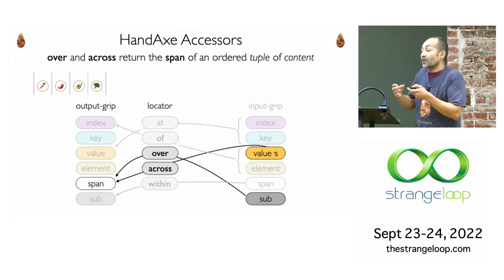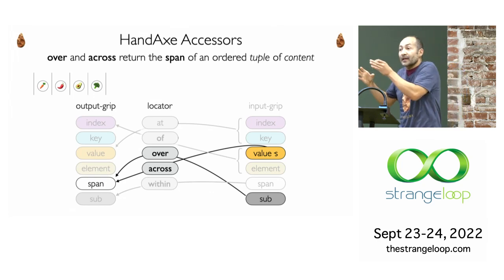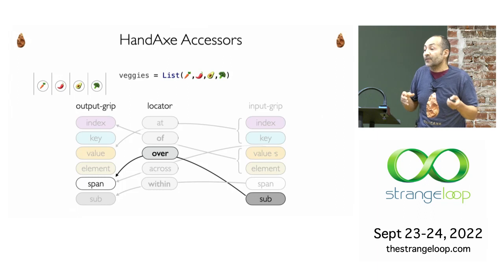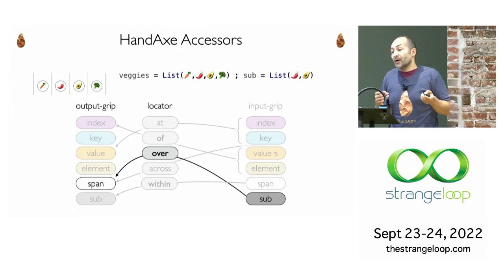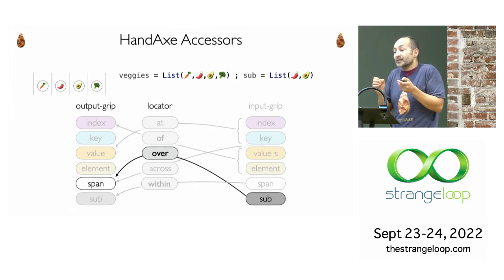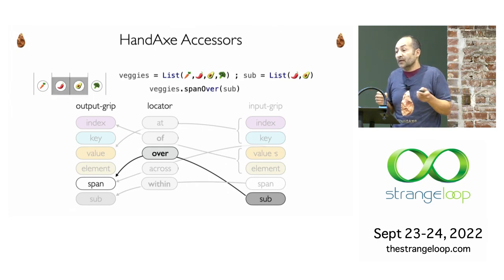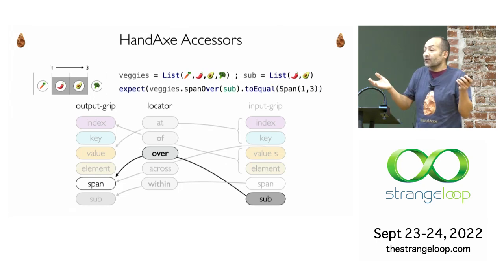All right, let's look at over and across. I'm going to wipe over across, but they do similar things. They take a sub collection and go to a span. It's the inverse of within. So here we go. I have the same list. I want to get this sub collection, chili and avocado, which makes for great guac, and I would like to know what span is over it.